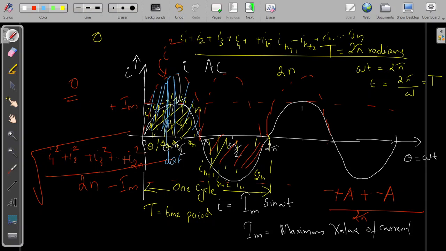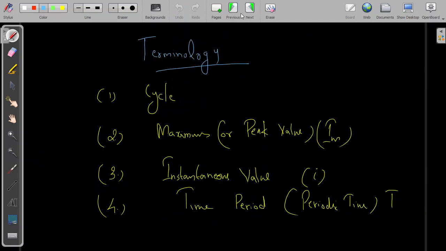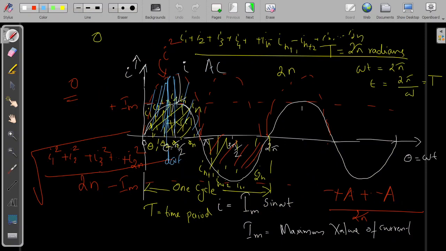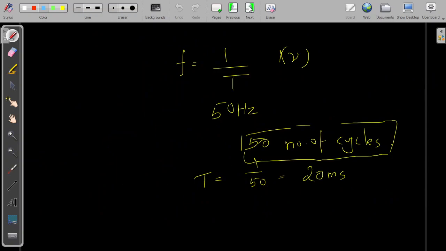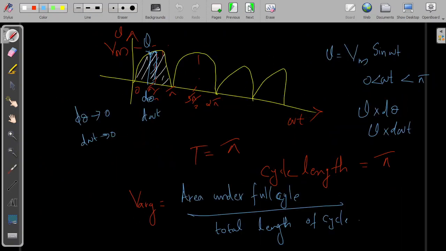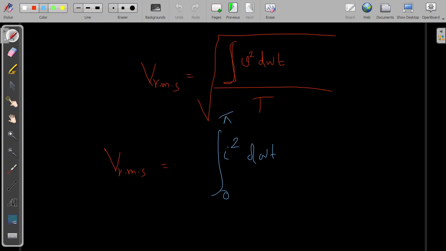Okay, actually it is integral 0 to 2 pi, because we are finding the effective or RMS value of the entire waveform, that is the alternating current waveform. So we should have the entire area, right? So we will get integral 0 to 2 pi I square d omega t.